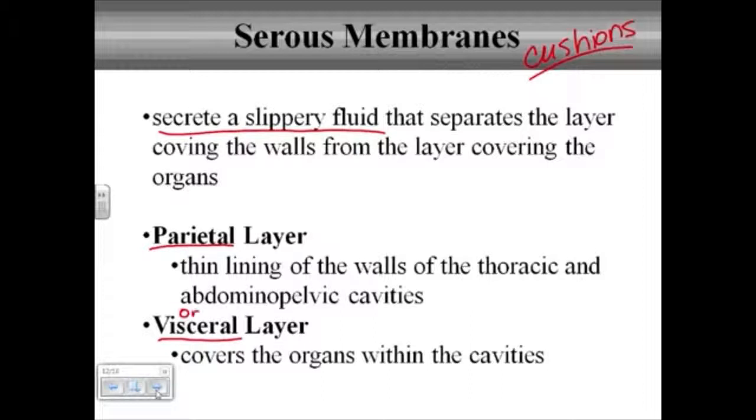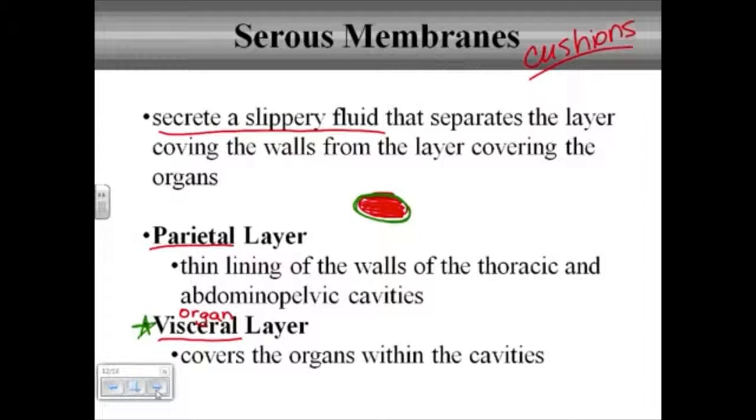Well, we talked before that visceral was the organ. So this is going to be the layer that covers the organs, while the parietal is going to be what's on the outside, walling off the particular cavity. I guess a really nice way of thinking about this is that if you have an organ, your specific organ, you're also going to have a visceral layer that's going to cover right around that organ.